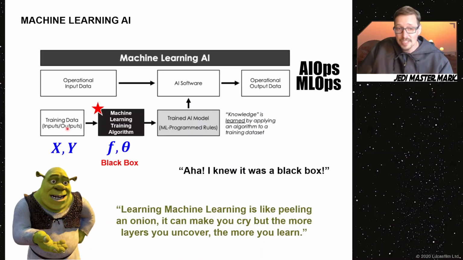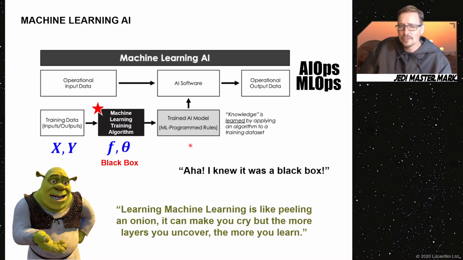We have inputs and outputs, which I'll refer to as X and Y, X being inputs, Y being outputs. It goes into these machine learning training algorithms. F is the function, and then theta is commonly used to refer to the model parameters. So we have the model, and then we have the model parameters.